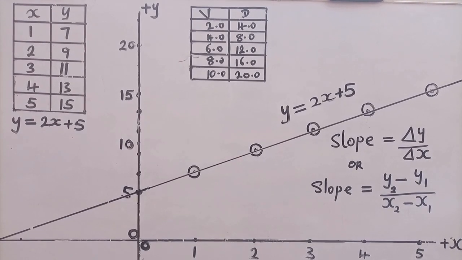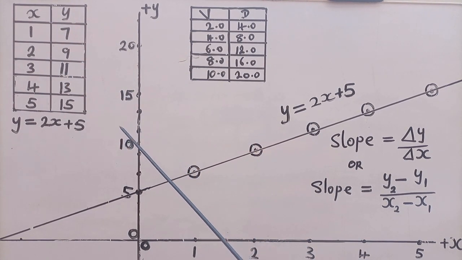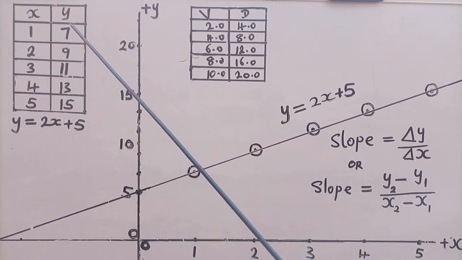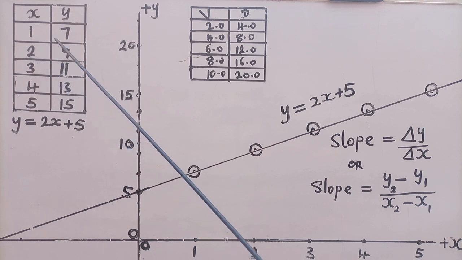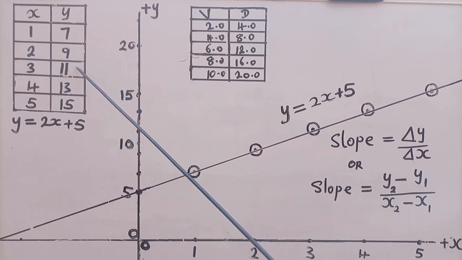Now let's pay attention to this table. Do you observe that a similar thing is true about it, in the sense that anytime there is a change in this x from 1 to 2, for instance, there is a change of y from 7 to 9? And when there is a change from 2 to 3, then there is a change in y from 9 to 11.